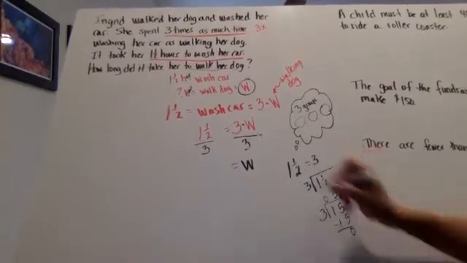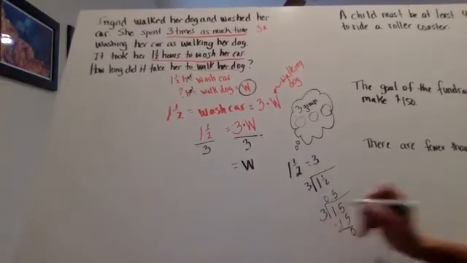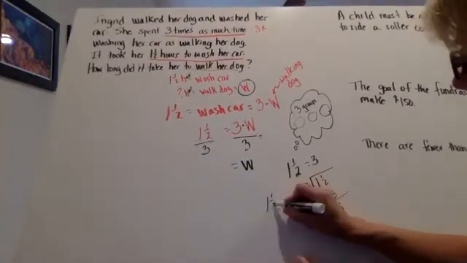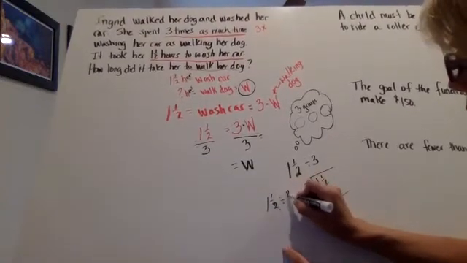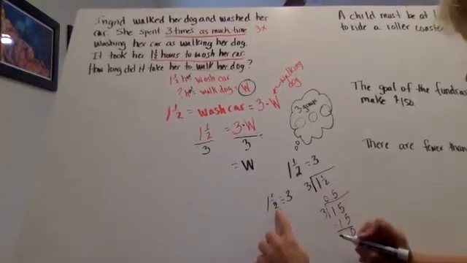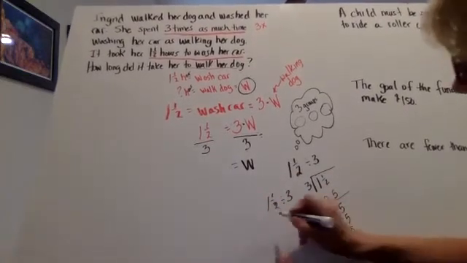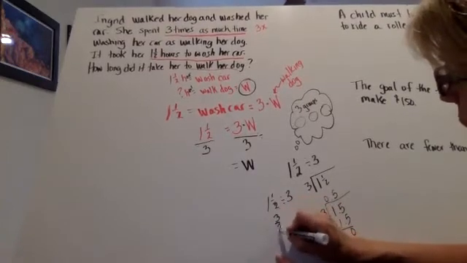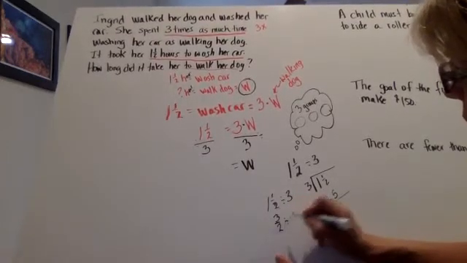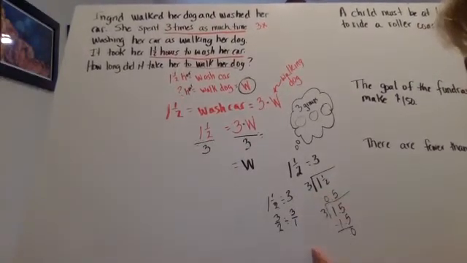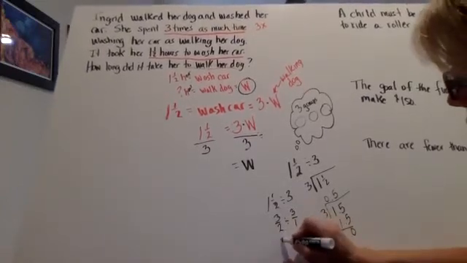Or I could do it as a fraction. 1.5, which is good review right now, divided by 3. Okay, so I have to make this improper. 1 set of 2 plus 1 more is 3/2 divided by 3, and I want to change the 3 into 3/1. I want to make it also improper. I can't divide fractions, I can only multiply.